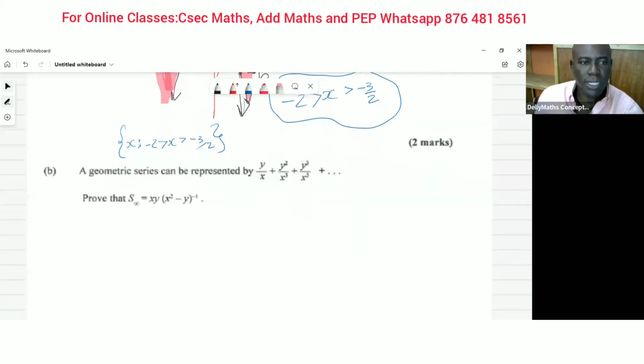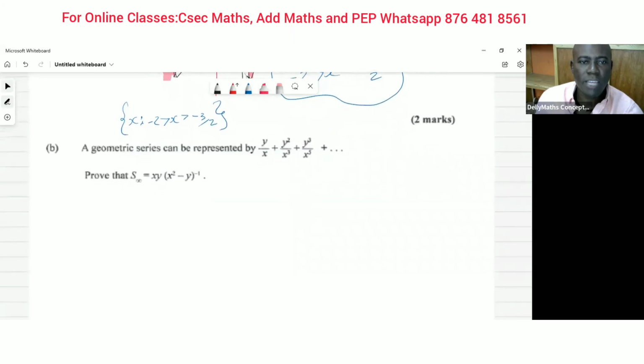This is the last part. It says a geometric series can be written as y over x plus y squared over x squared plus y to the third over x to the fifth, and it goes on in that fashion. Here's the idea we want to look at now. It says prove that the sum to infinity is this.